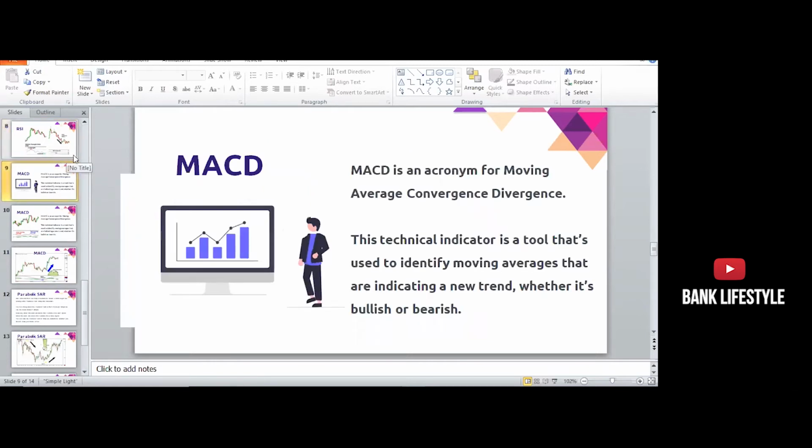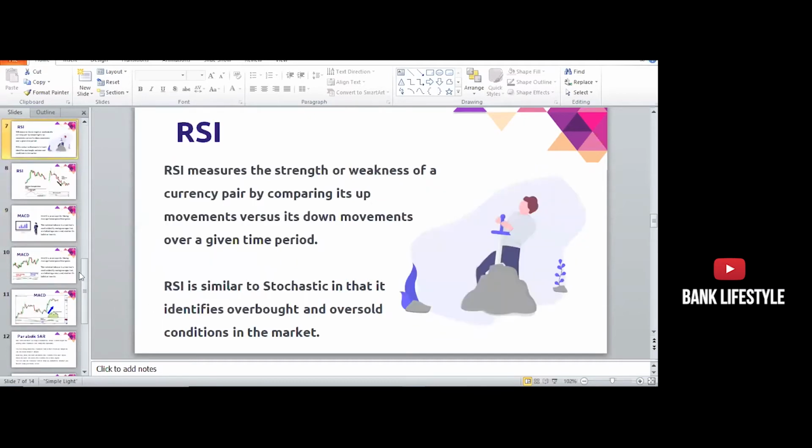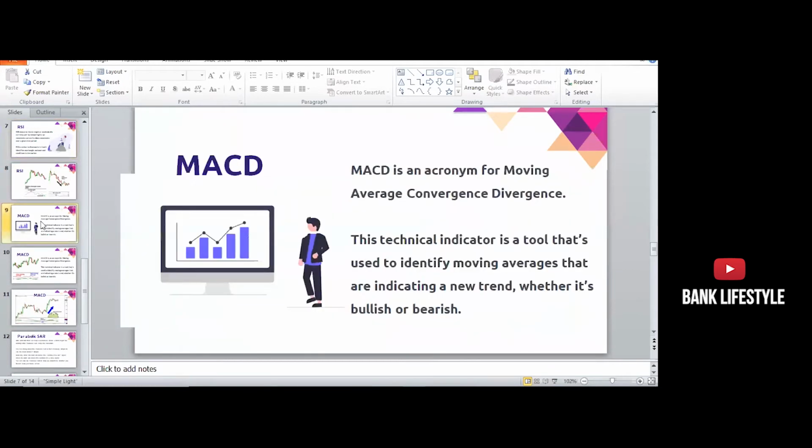Well, guys, the next indicator we're going to talk about today is the MACD indicator. That's how traders pronounce it, but some people also say MACD.